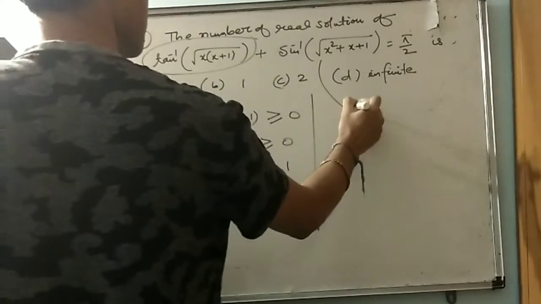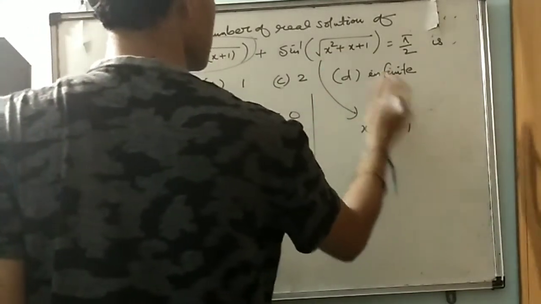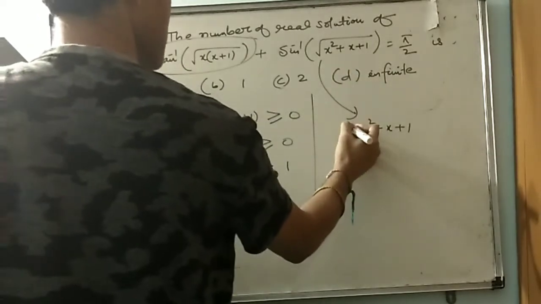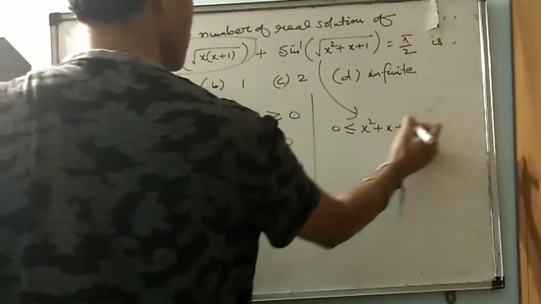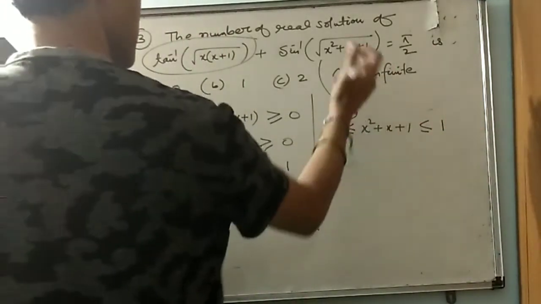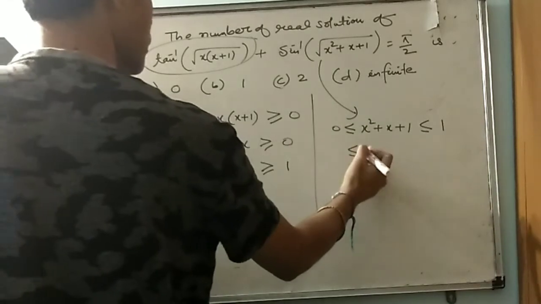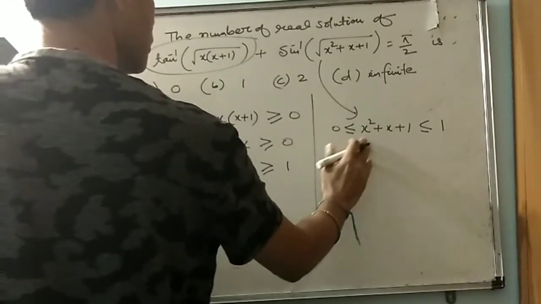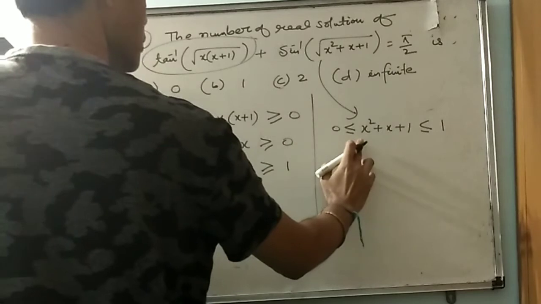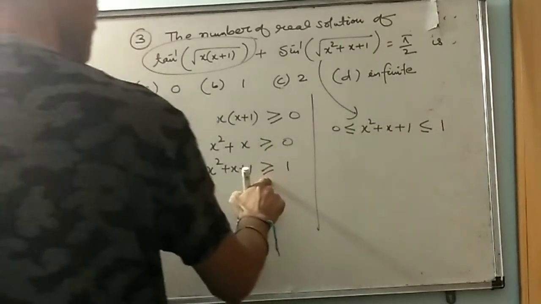Now the other one, x square plus x plus 1, because of being positive, will be lying between 0 and 1. The maximum value is 1. We cannot think about negative value. Now this one is lying between 0 and 1, and this one is greater than or equal to 1.